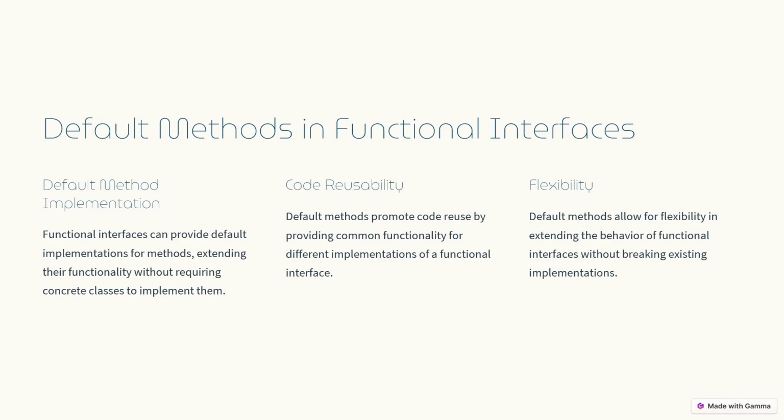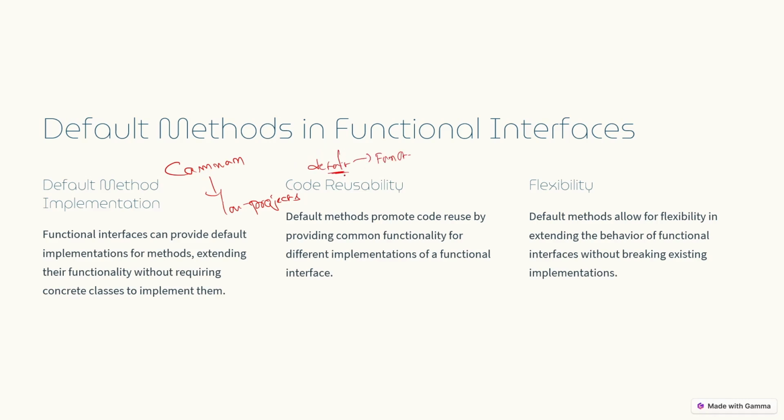If you have a default implementation or a common implementation along with the project, and maybe in a few areas you need to customize that, in that scenario you can put that method into a default method in the functional interface.